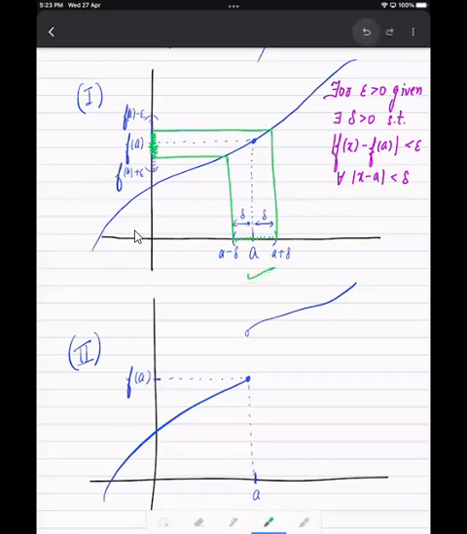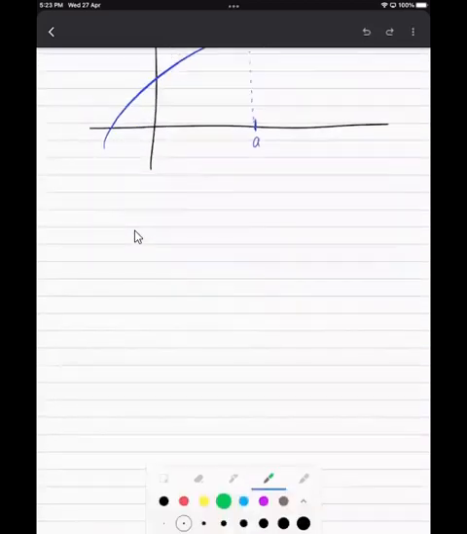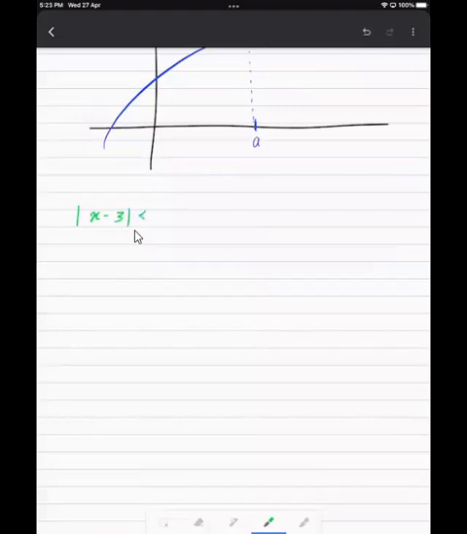See, what does |x - 3| less than, let's say, 1 mean? It contains all the points such that the distance of x from 3 is less than 1. So first you draw 3.